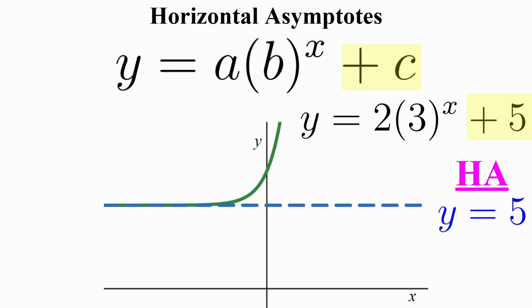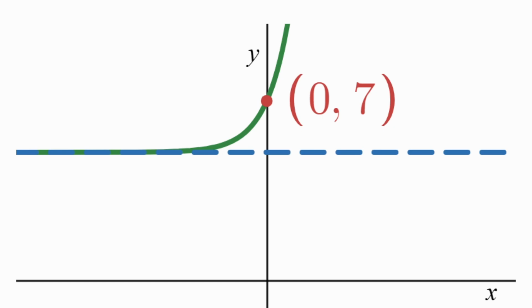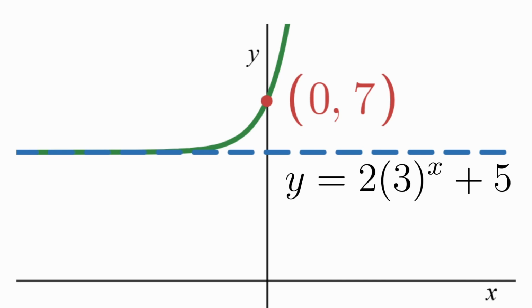Now, something happens as well that's a little bit confusing to people. The y-intercept gets affected as well. Hopefully that makes intuitive sense. If the horizontal asymptote gets moved, the entire graph gets moved. So, of course, the y-intercept will change. So lots of people look at this and lock in, oh, the y-intercept is 2, because they think, oh, a is the y-intercept. But as we talked about, that's not always true.